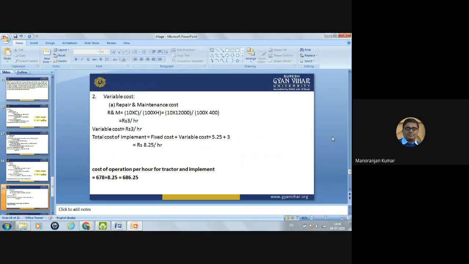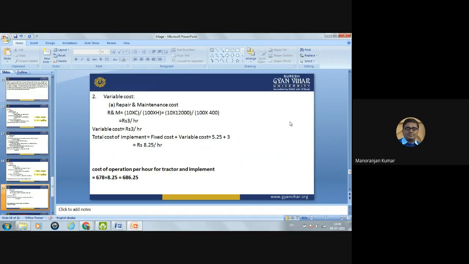But yes, repair and maintenance cost will be there, because when your implement is being used in the field, some wear and tear may occur. So you have to repair that machine from time to time. Also, you have to maintain that machine. So you have to calculate the repair and maintenance cost.